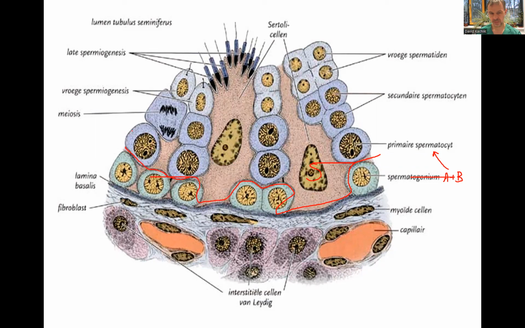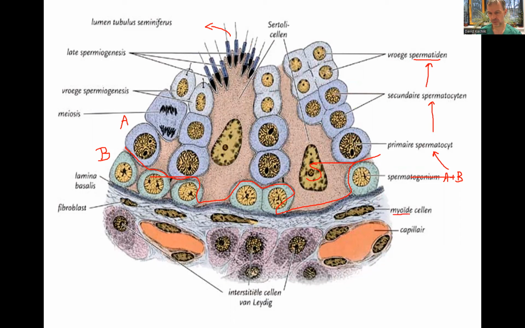So this is the basal compartment and the adluminal compartment. So primary spermatocyte then changes into secondary spermatocyte. So we have the first and then the second meiotic division, and we have finally the spermatid, which is then released as a sperm into the lumen.